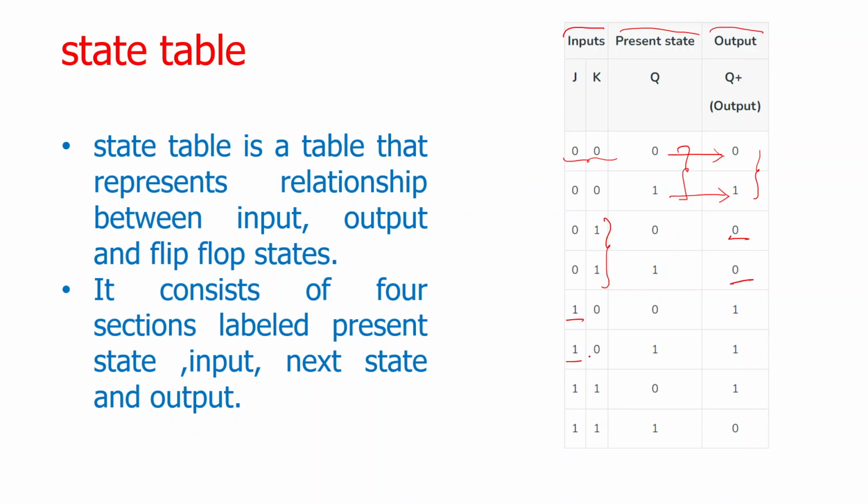With J equal to 1, the set state, the flip-flop goes to 1. For J and K both equal to 1, it takes the complement of the state. If it is already 0, it will go to 1. If it is already 1, it will go to 0. That is the complement, or we can call it toggle. So like this, the state table is a table that represents the relationship between input, output and flip-flop states.